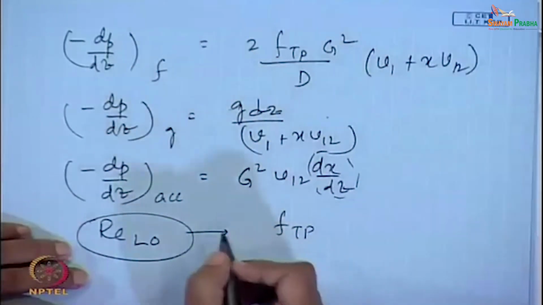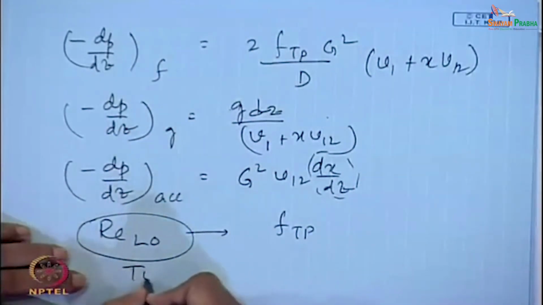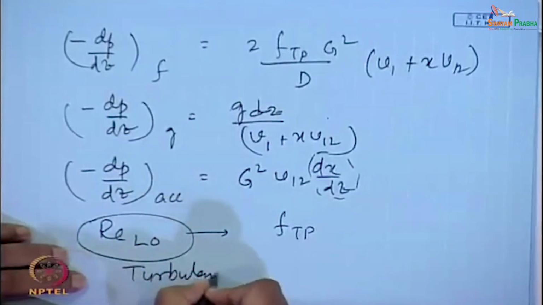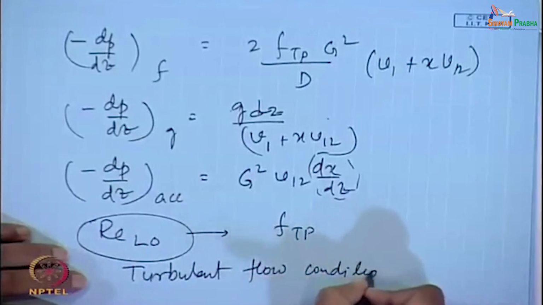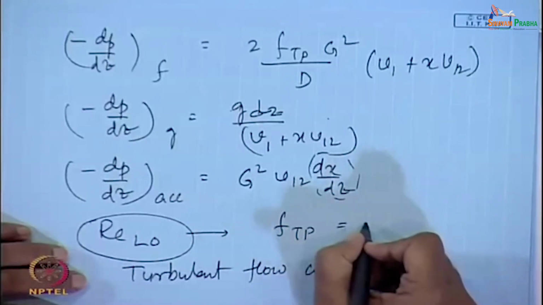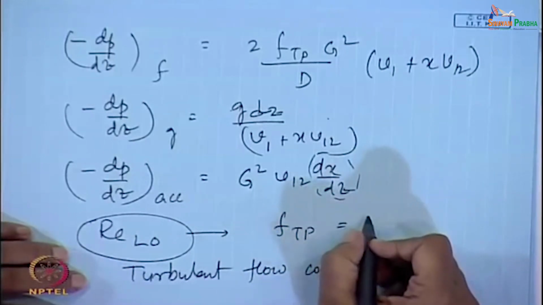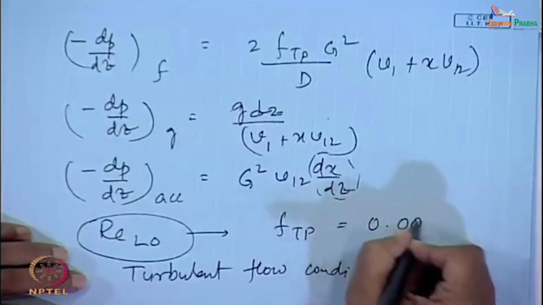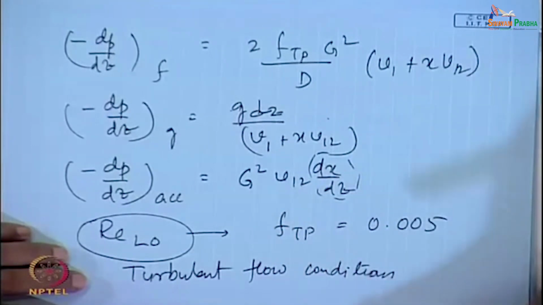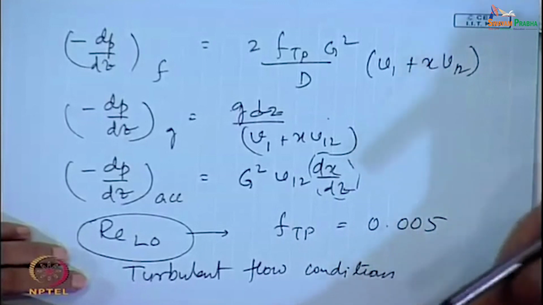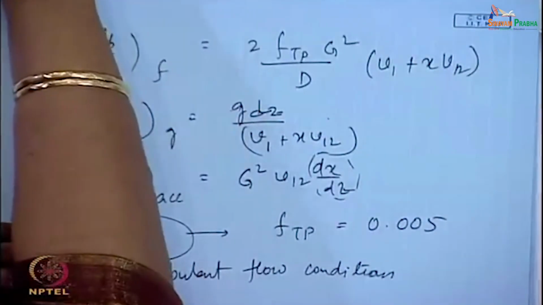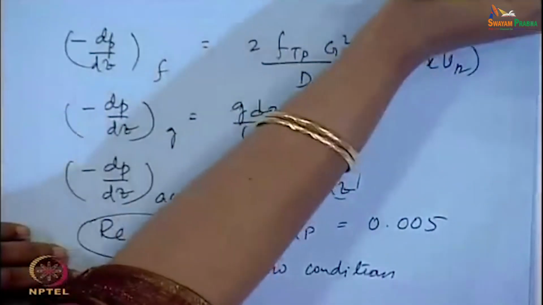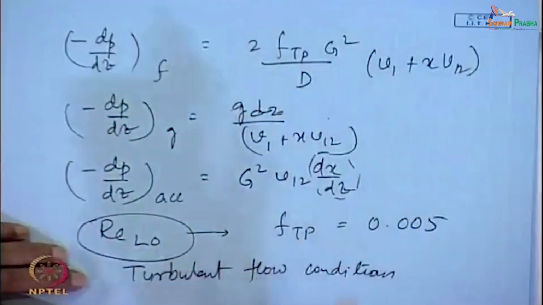For the condition that I have given, your Re LO will lie under the turbulent flow conditions. When nothing is given, simply assume f TP to have a constant value of 0.005, just to make matters simpler for you. Agreed? If something is specified, then it is fine. When nothing is specified, then you can simply assume f TP equals 0.005.